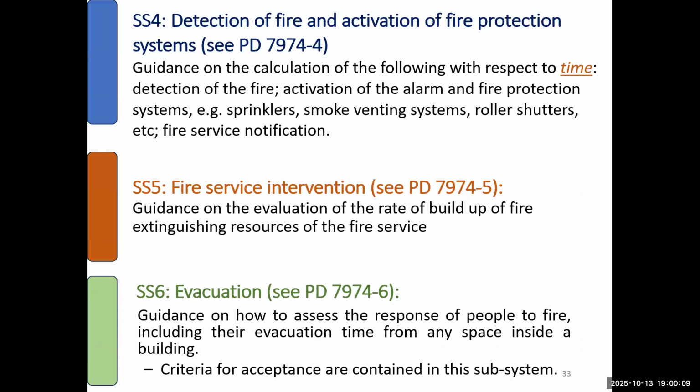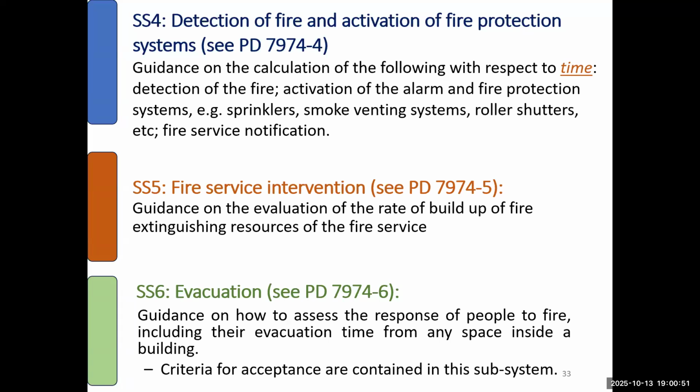Subsystem 4 is fundamentally about time. It provides the methodology for calculating the essential time intervals, from ignition to the delay until detection, and the subsequent activation of the alarm and protection systems, like sprinklers or smoke vents, until the fire service is finally alerted. After that, in subsystem 5, we should evaluate the capability of the fire service.